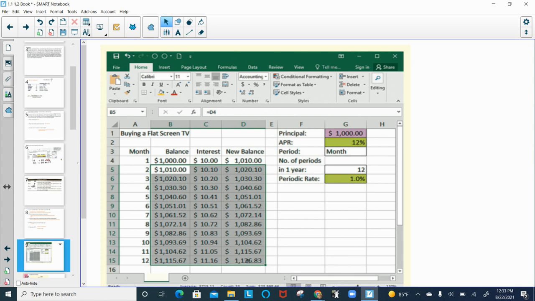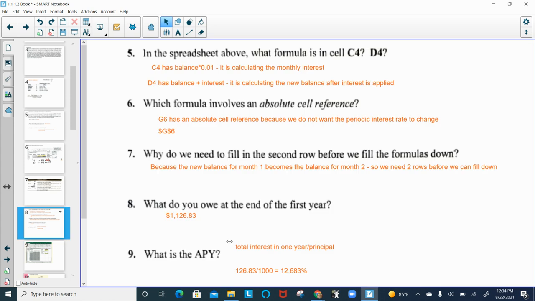So whatever is more than $1,000 is their interest payment for the whole year. You could subtract that on a calculator, or write yourself a little formula, but I think most of us can see that the interest has grown rapidly. You're already paying $126.83 of interest just in the first year for that television.